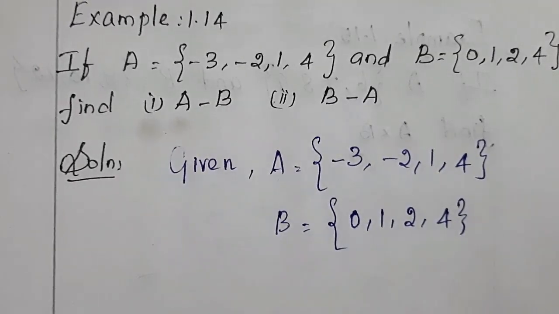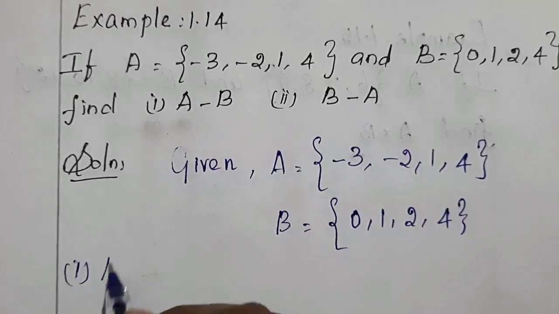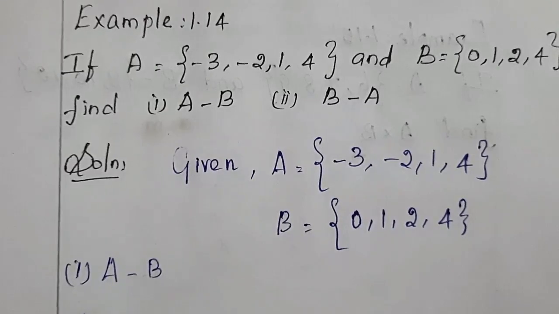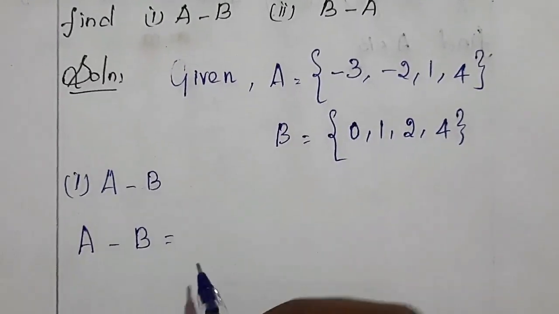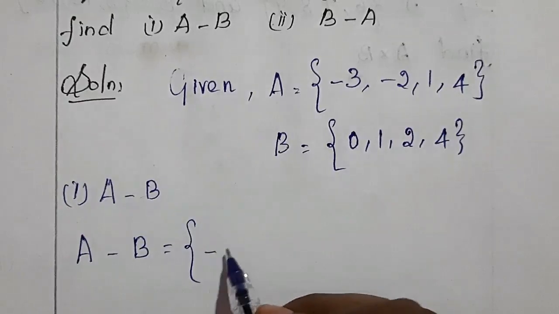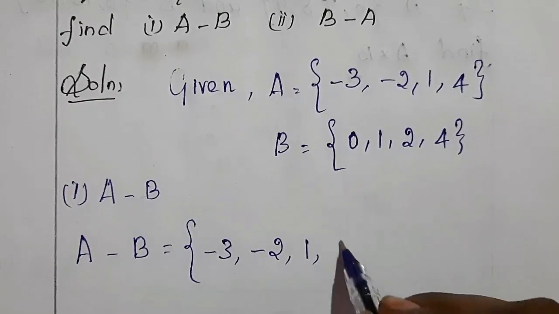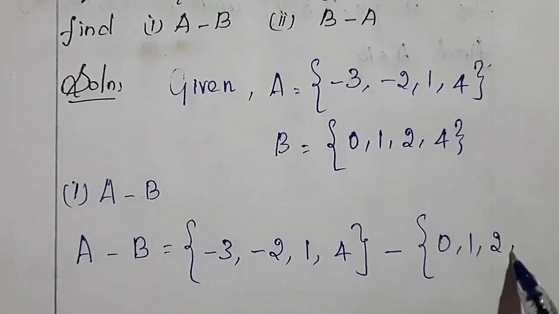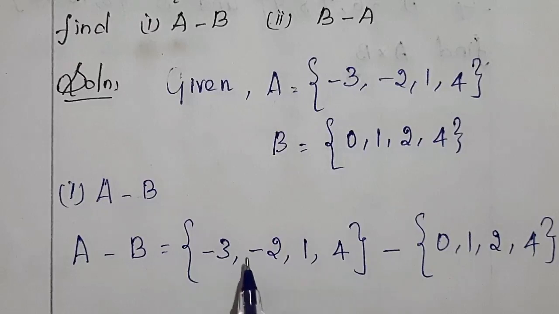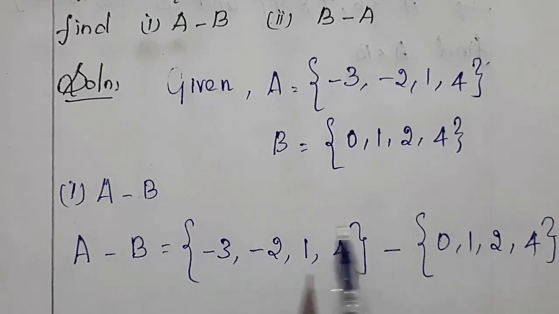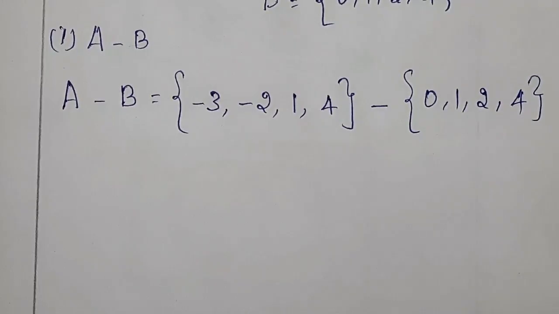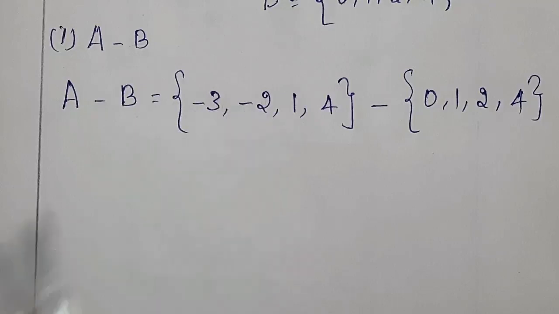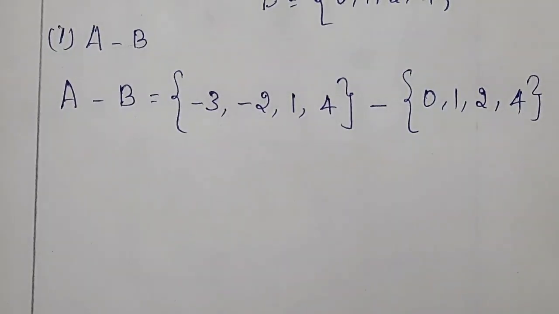Next we can do the first part, A minus B. A minus B equals, write the set A: minus 3, minus 2, 1, 4, then minus the set B: 0, 1, 2, 4. So we have to remove the B elements from set A. The meaning is you have to remove B from A. See this question: what are the B elements in set A?